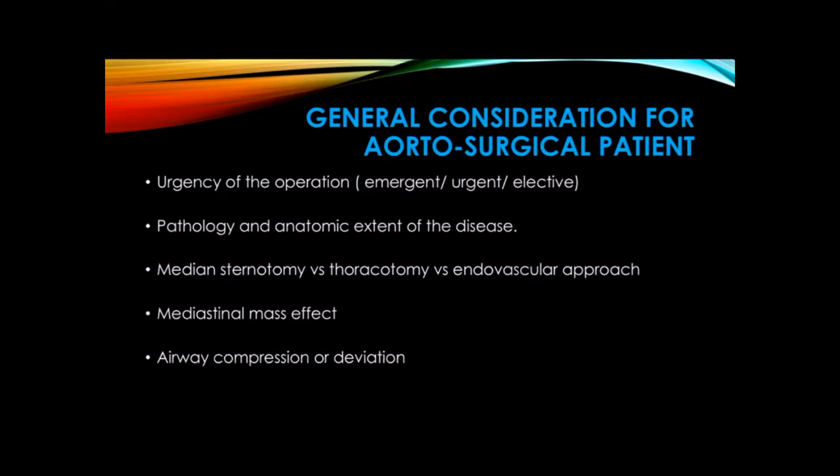And from the anesthesiologist's point of view, we should also consider the mediastinal mass effect due to the huge dilatation of the ascending or descending thoracic aorta, and the possibility of airway compression or deviation. So all these things should be kept in mind.